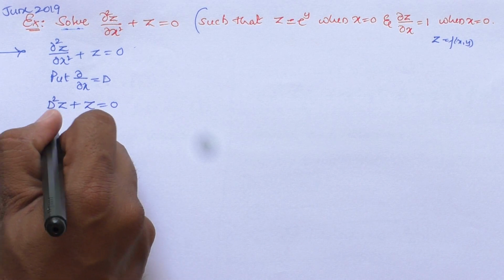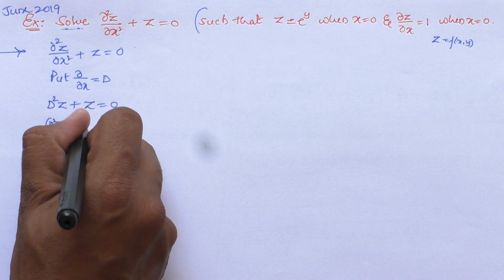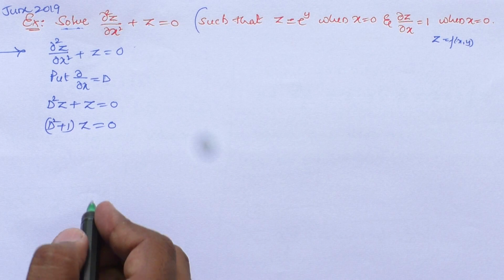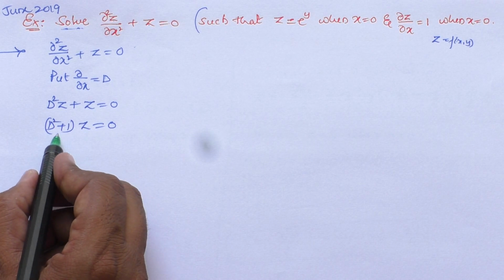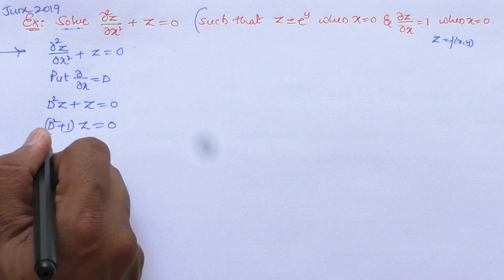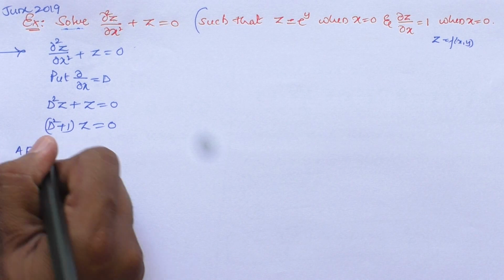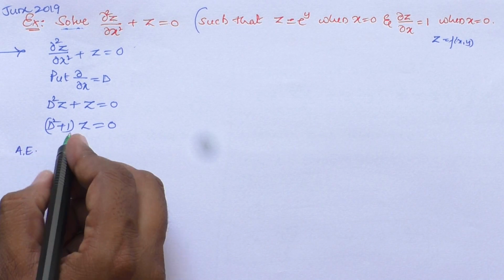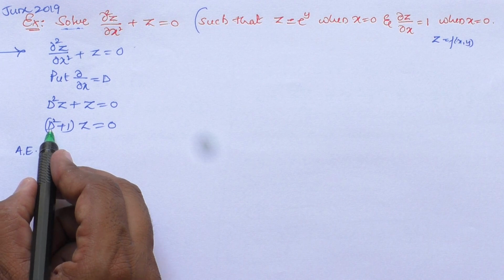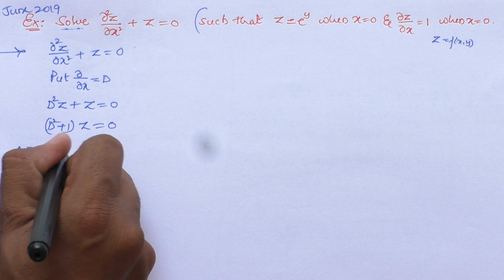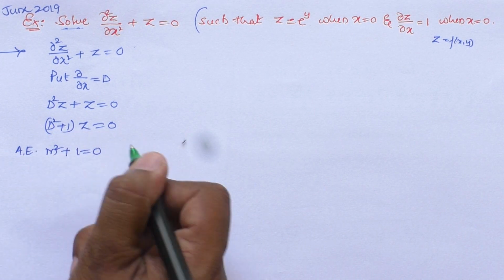Taking z common, (D square plus 1) z equal to 0. Now D square plus 1 is the derivative term, which we need to consider. From that we write the auxiliary equation by replacing D by m, so m square plus 1 equal to 0.